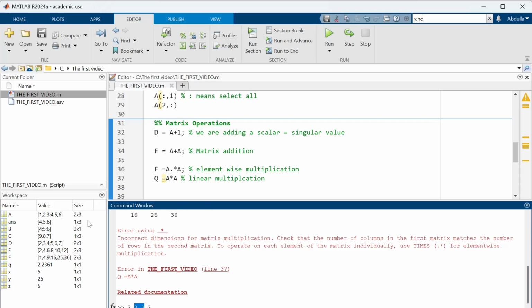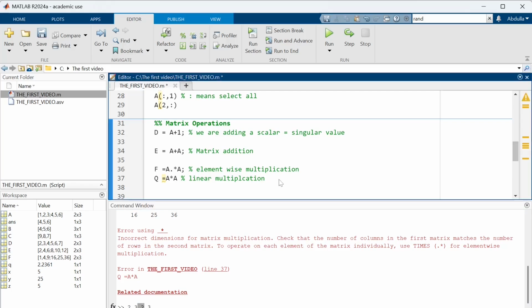So right now, A is 2 by 3, and this doesn't match 3 and 2. But let's fix it.